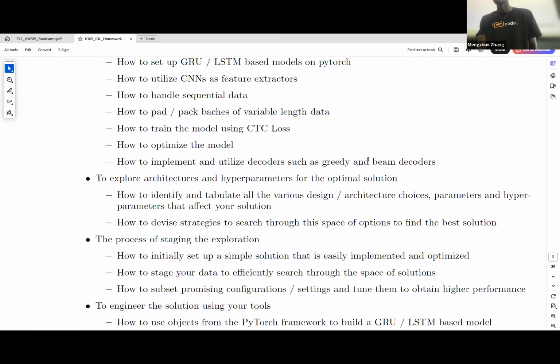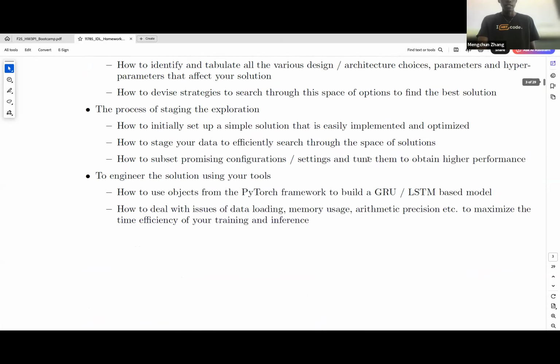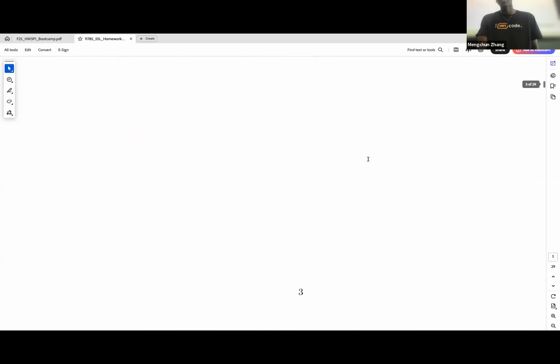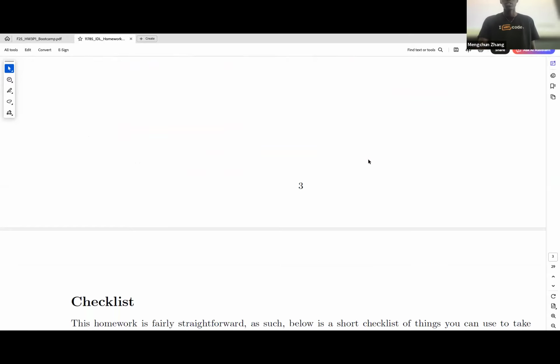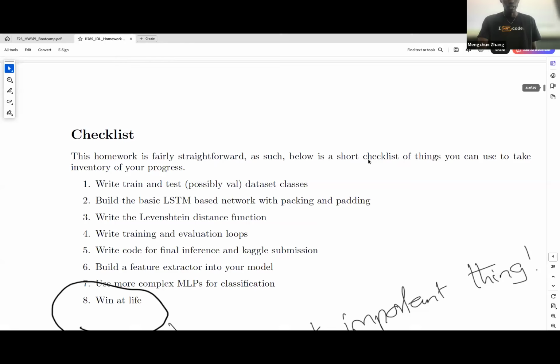CTC loss, which I talked about in homework 3P1, is the one you'll be implementing from scratch, and you can also use it in this homework. It's pretty easy. Basically, it's LSTMs that we want you to learn and how to work with them.